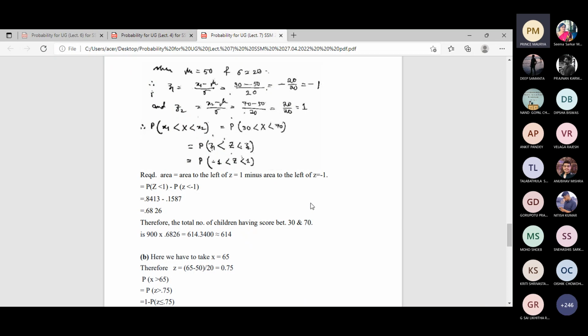Ma'am, for the value P(Z less than 1), we are also including the value of Z equals 1. Because in terms of X, you just see 30 is less than X, and corresponding to 30, Z value is -1, corresponding to 70, X is less than 70.